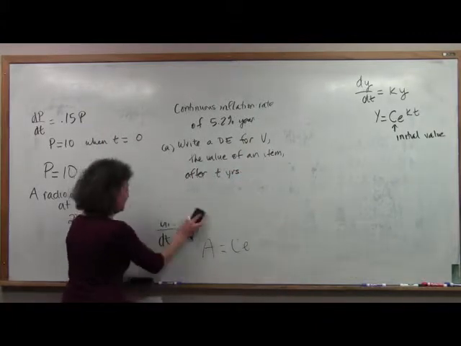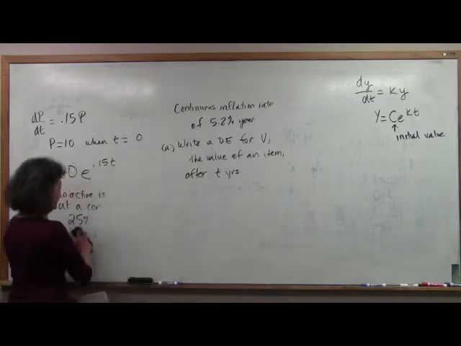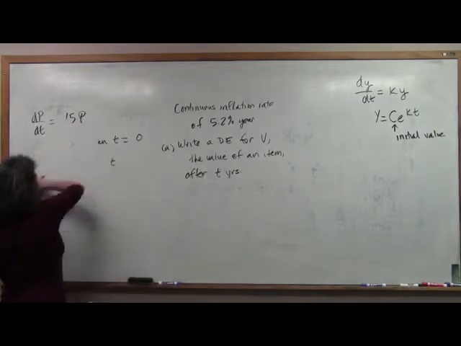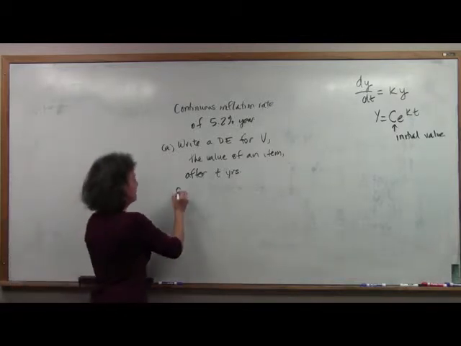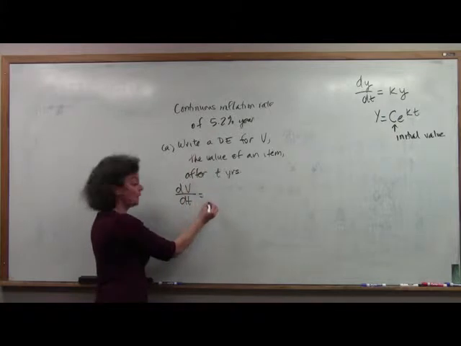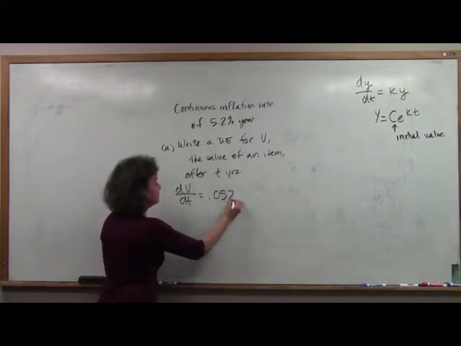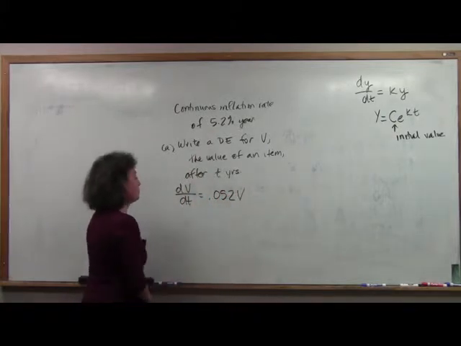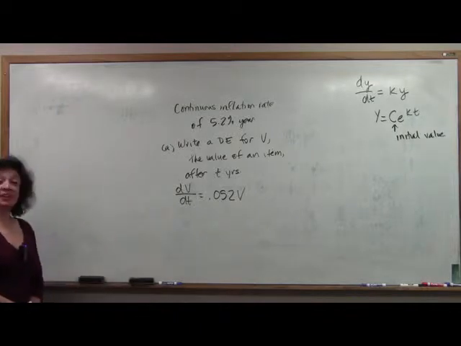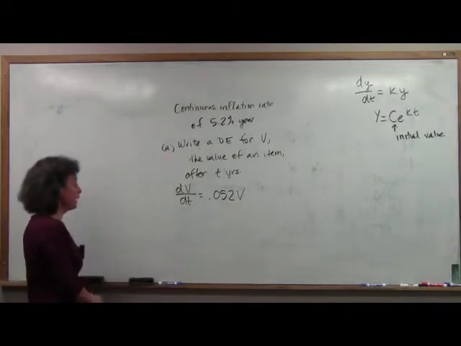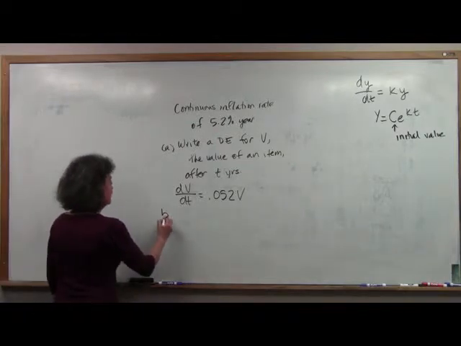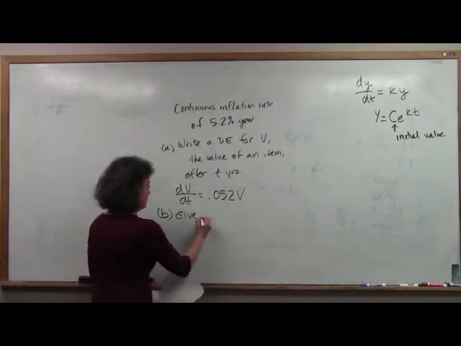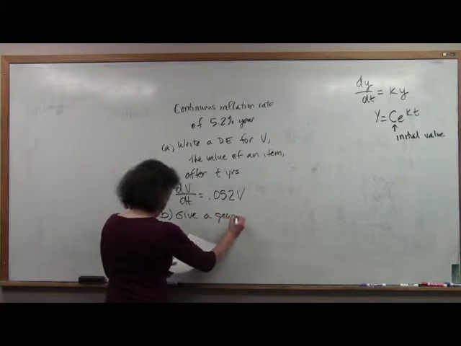I'll get more specific with t momentarily. All right, well, dV dt, we know the rate is 0.052 and it's 5.2% of the value. Okay, what if now I want us to give a general solution?